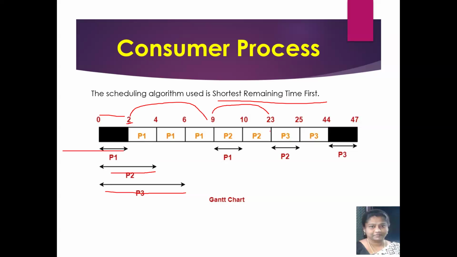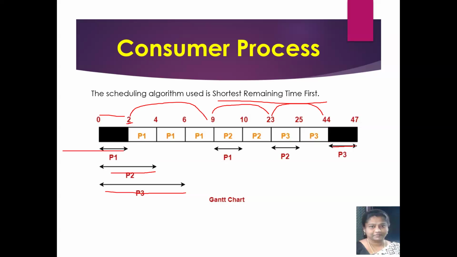Once P2 comes out, P3 goes in next and executes on the CPU for 21 milliseconds. So 23 plus 21 is 44. The remaining part of P2 is doing I/O for the remaining 2 milliseconds, and similarly, P3 will be doing I/O for the last 3 milliseconds.